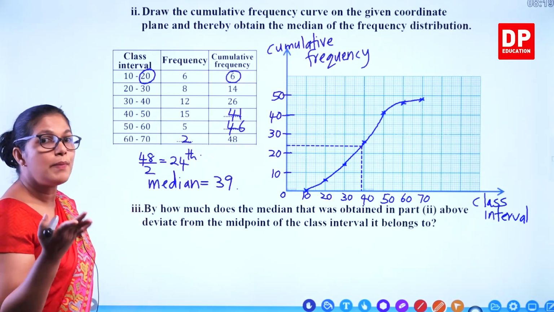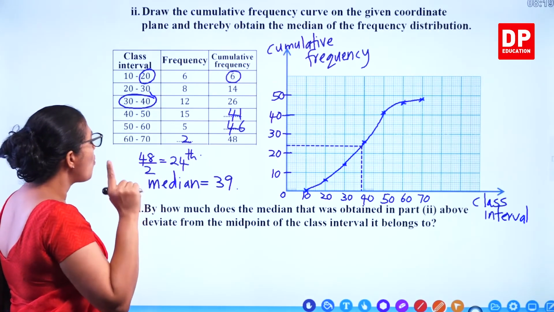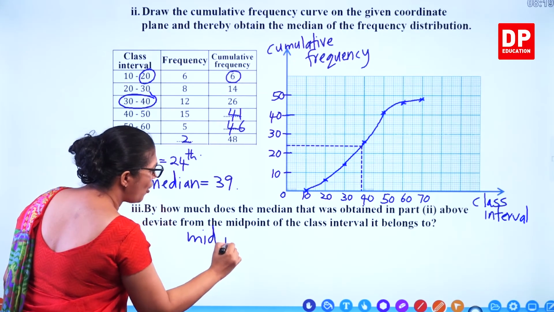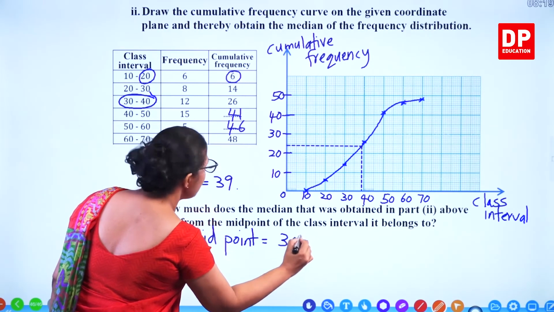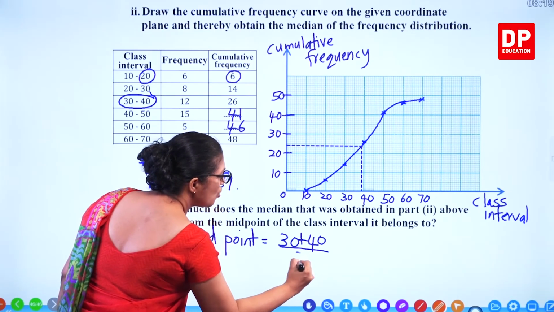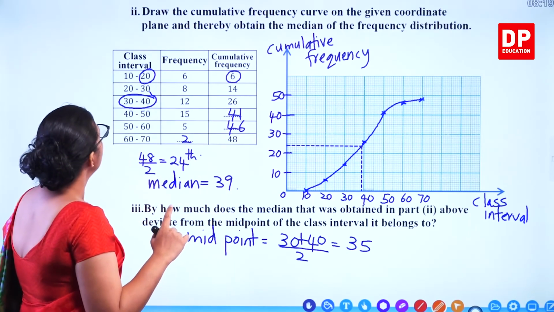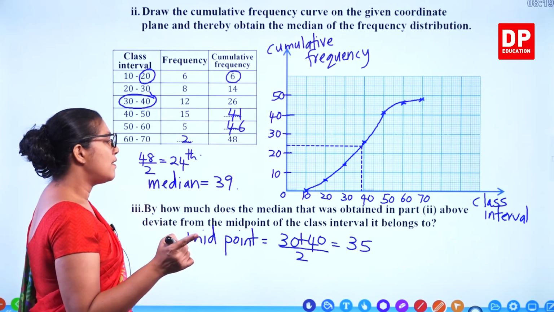So the median is in this region. What is the mid value of that? Midpoint: you add the boundaries 30 and 40, divide by 2. So you get 35. So 35 is the mid value of the interval.